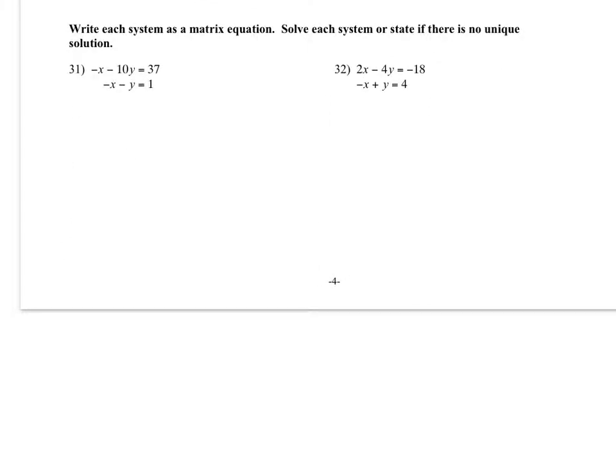For 31, I'm going to write this as a system. So that's going to be negative 1, negative 10, negative 1, negative 1, times xy, equal to 37, 1. Okay, I know I have to multiply both sides by the inverse. 1 over negative 1 minus 10 is going to be negative 1/9 out front.